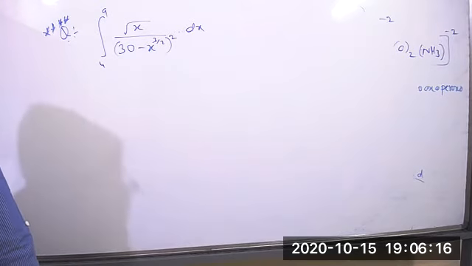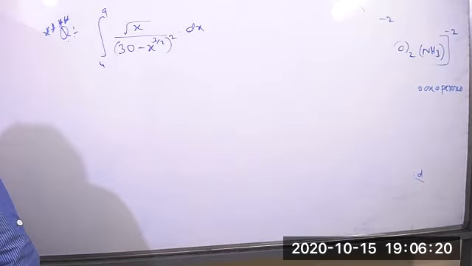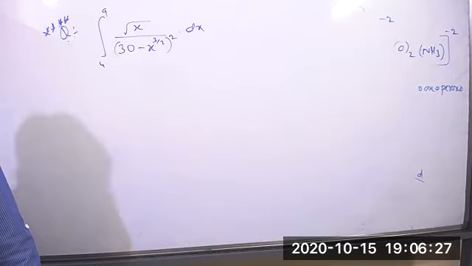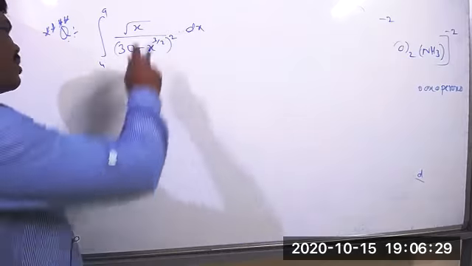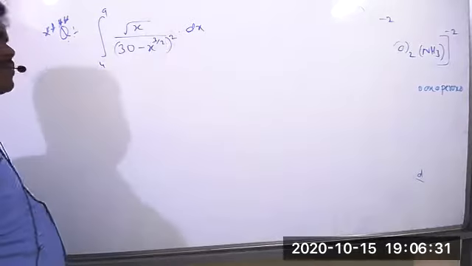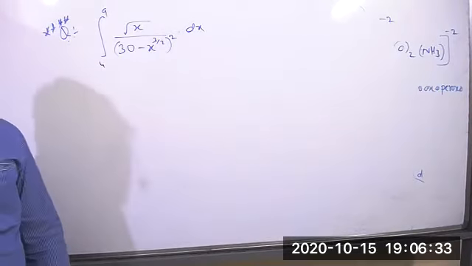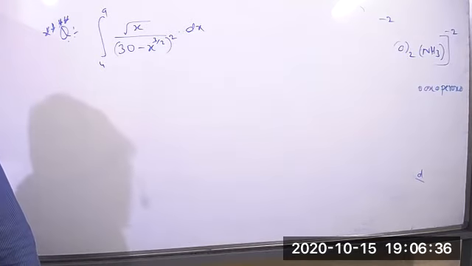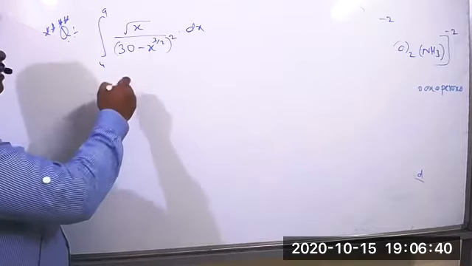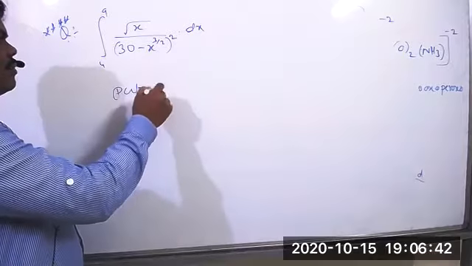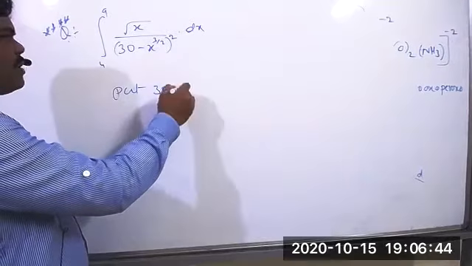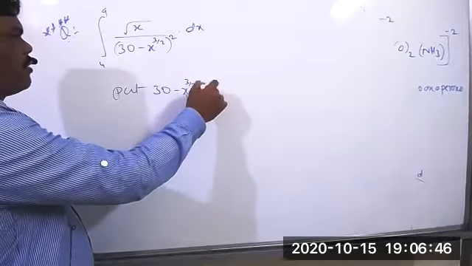Anirudh, we will take root x or the denominator value. Take 30 minus x power 3 by 2 equal to t.